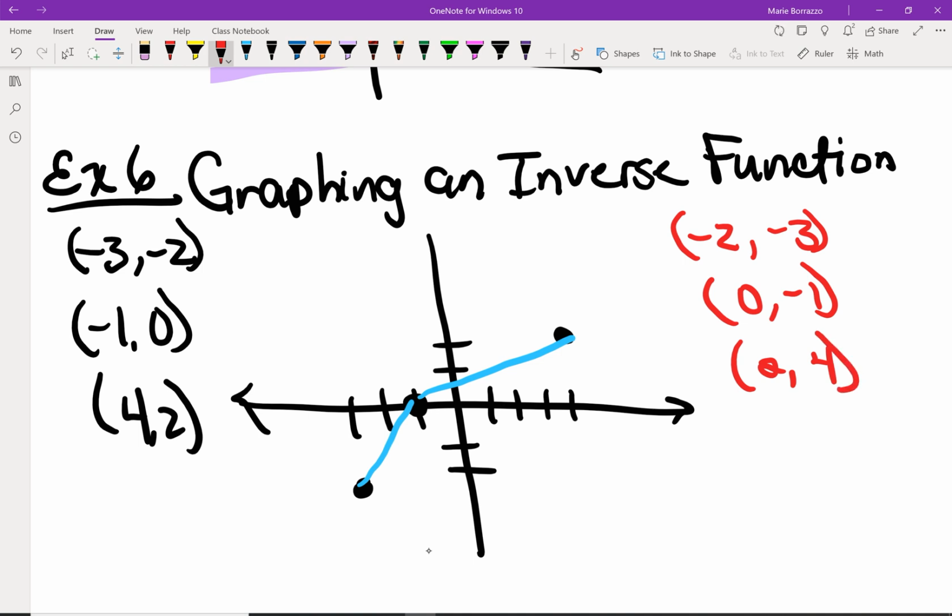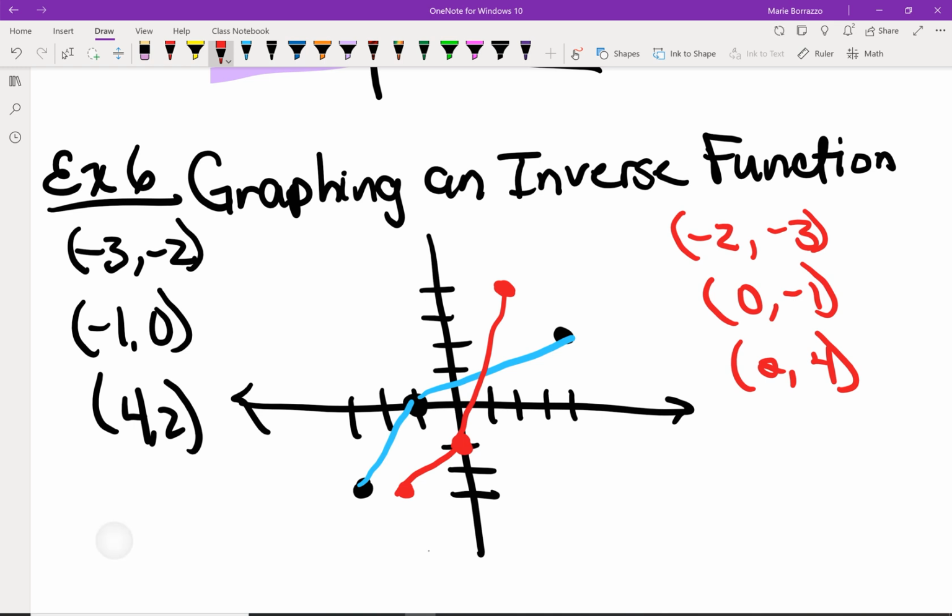So at x is 2, y is 4, over 2 up is 4. Then (0, -1), I'm down here, and -2 on the x, -3 on the y, which is right here. So if I draw these lines, that's the inverse of this diagram. That's all you have to do for an inverse.